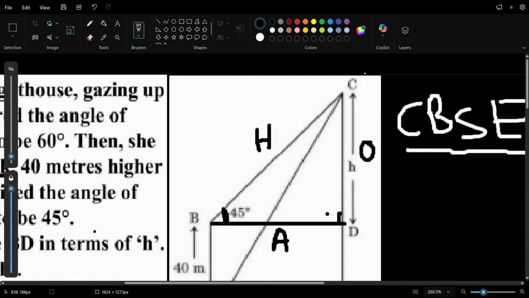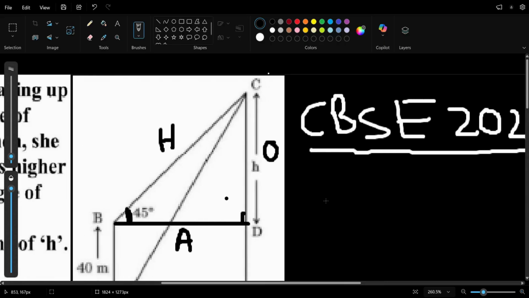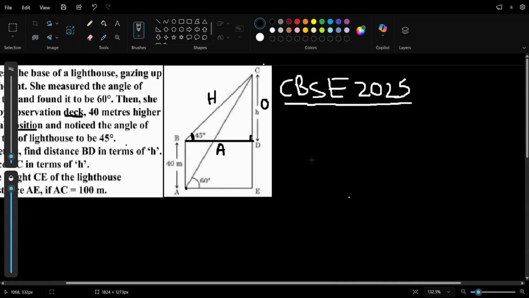Now from trigonometric ratios in class 10 we have learned that you have to find BD in terms of h. Here this one is opposite and this one is adjacent, which means opposite by adjacent. What do we know? Yeah, tan.